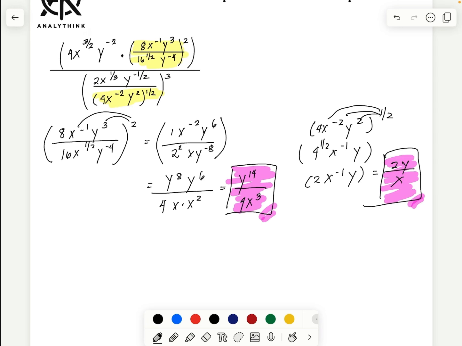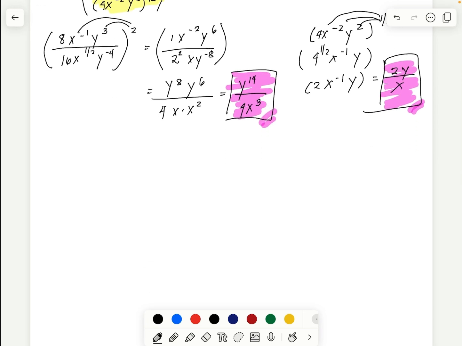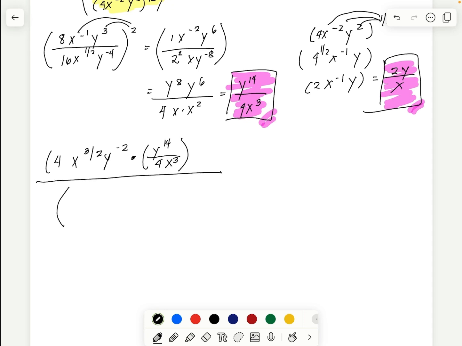So if we put these two on the original expression, you have 4x to the 3 halves, y to the negative 2, times y to the 14 over 4x cubed, divided by 2x raised to 1/3, y to the negative 1 half, divided by 2y over x, and then this is still, you have to still get the cube of this.